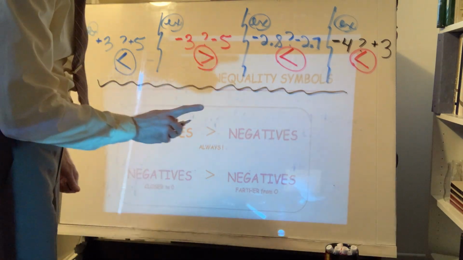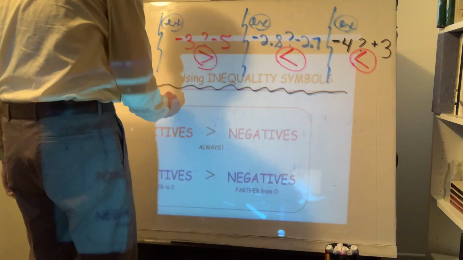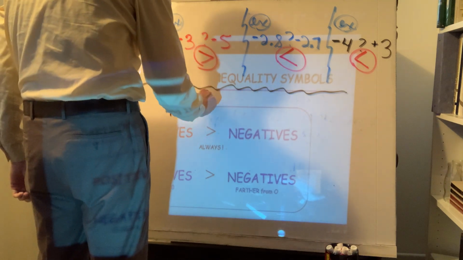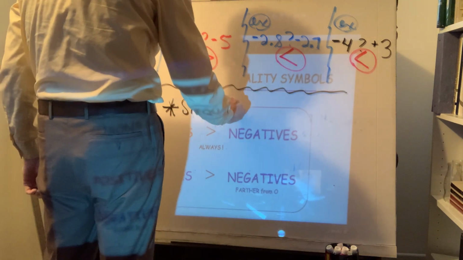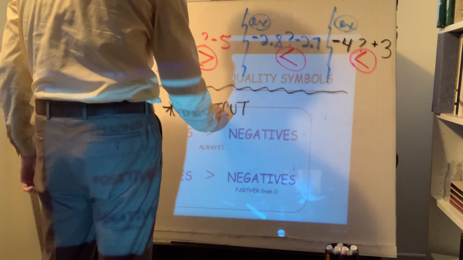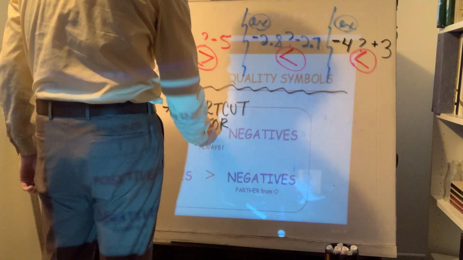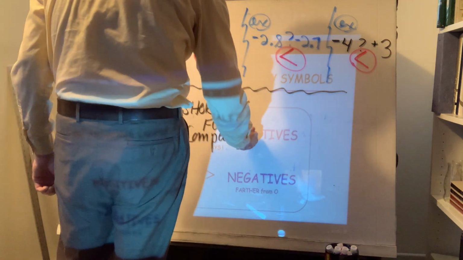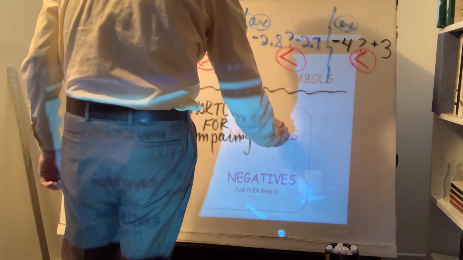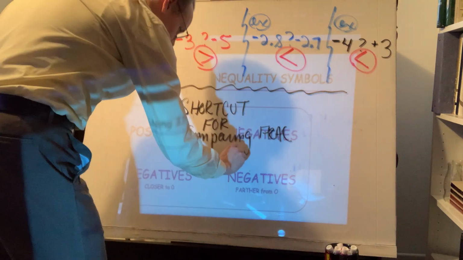When you're comparing two fractions, there's a shortcut that always works. Basically, the shortcut is this.